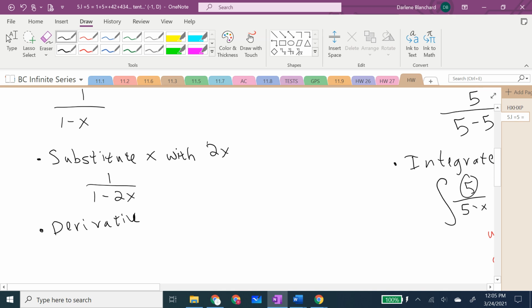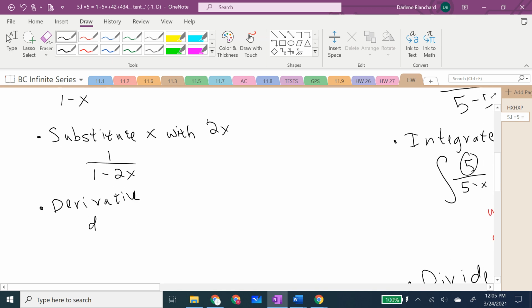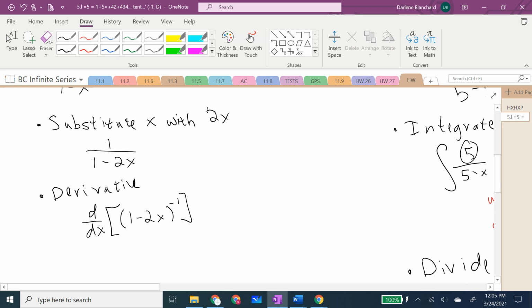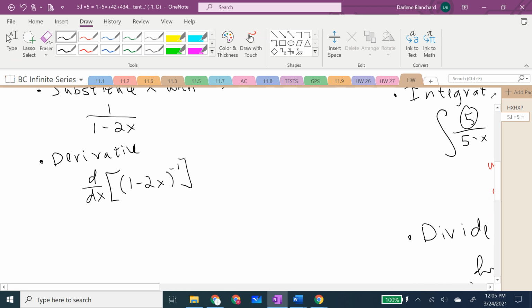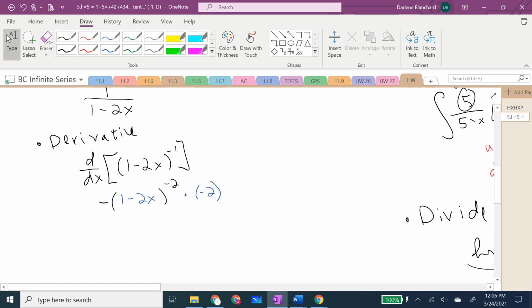But I need to be careful and think about what the derivative is going to be. So I'm going to set it up where it's a -1 exponent. And then using the chain rule and the power rule, negative blah to the -2, baby function. Shove it in, multiply by its derivative. And then let's take a look at what that gives us. I have 2 negatives and a times 2, and the 1 minus 2x is squared in the denominator.